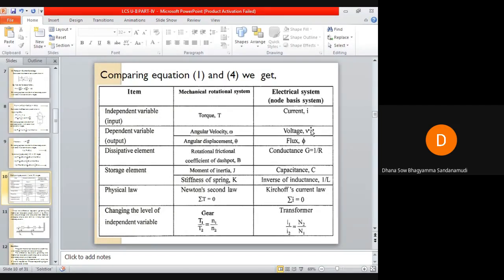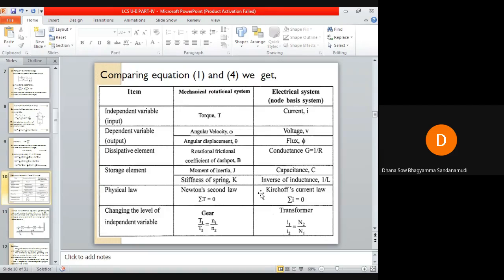Voltage is equal to d phi by dt, omega is equal to d theta by dt. B is analogous to 1 by R, J is analogous to C, K is analogous to 1 by L, and Newton's second law is analogous to Kirchhoff's current law. And the speed transformation ratio we can say is analogous to the gear values.